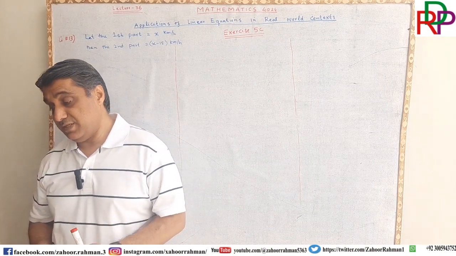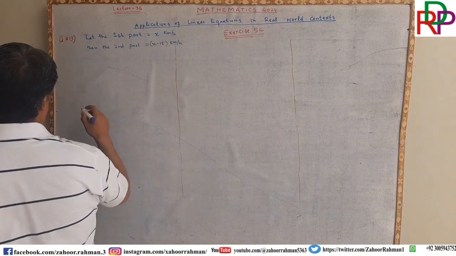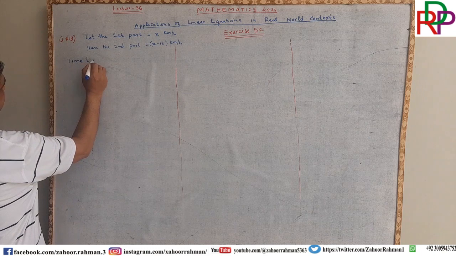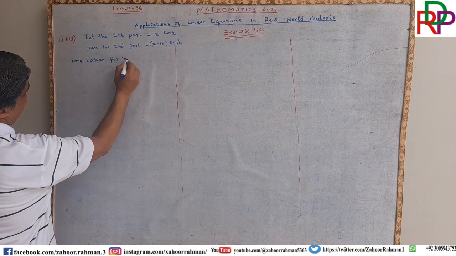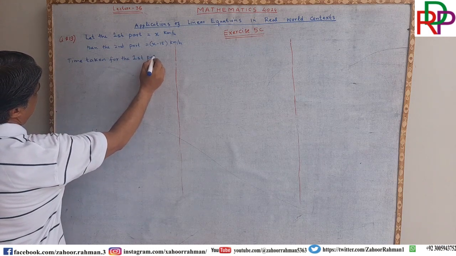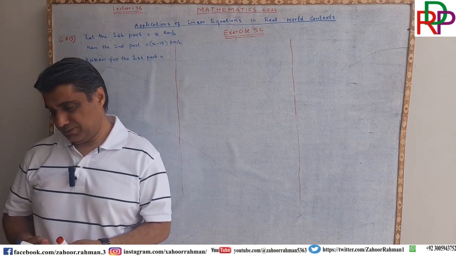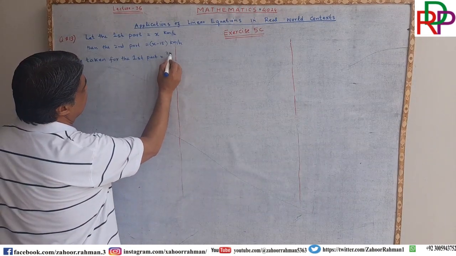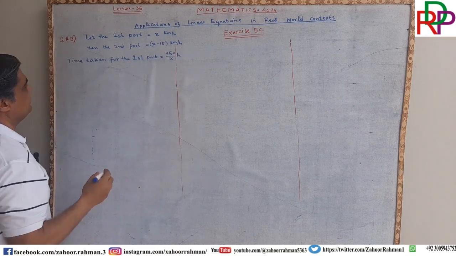So let us first assume that time taken for the first part is equal to 350 divided by x. 350 divided by x hours.